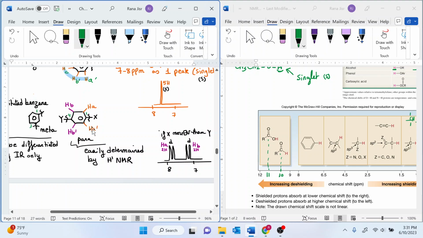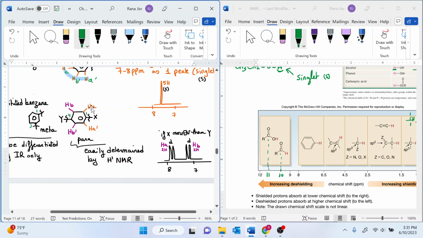So the intensity of the signal for hydrogen A is going to correspond to 2 hydrogens. And then I'm going to end up having hydrogen B. Hydrogen B is closer to Y, hydrogen A is closer to X. Assuming X is different than Y, you're going to have 2 signals in there. Still, we're going to do the N+1 rule.